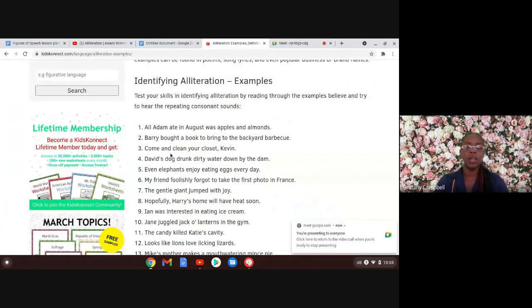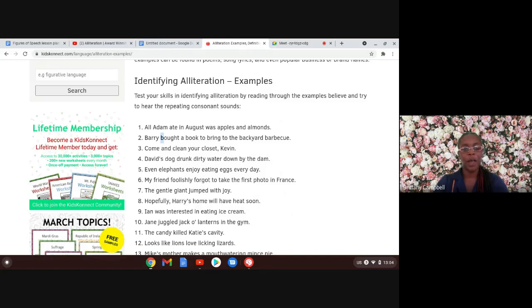Look at number 2. It says, Barry bought a book to bring to the backyard barbecue. So you see the letter B here, right? And it is used constantly throughout this sentence. Another example. Oh, just pick a random example that you would love for us to read.